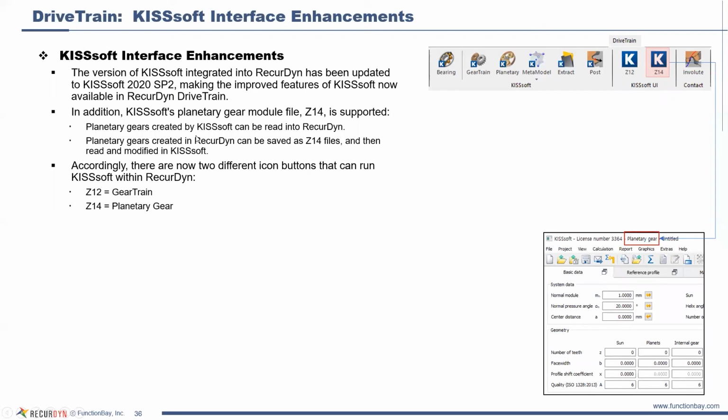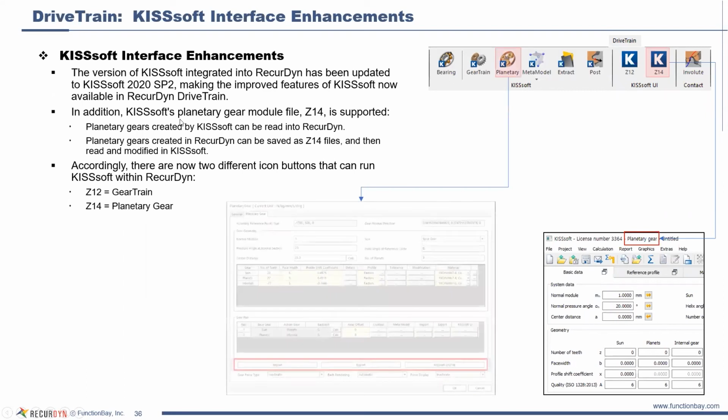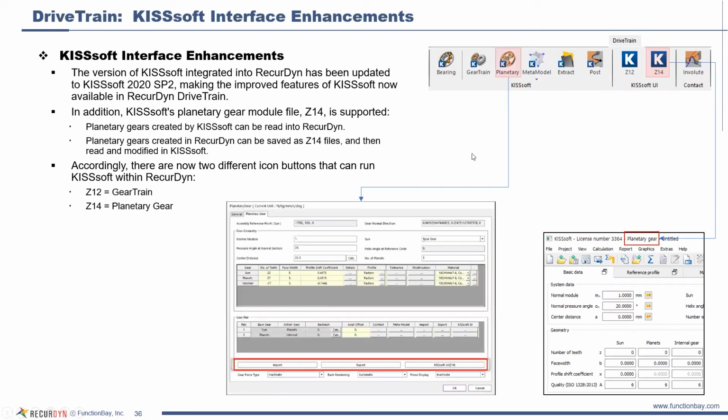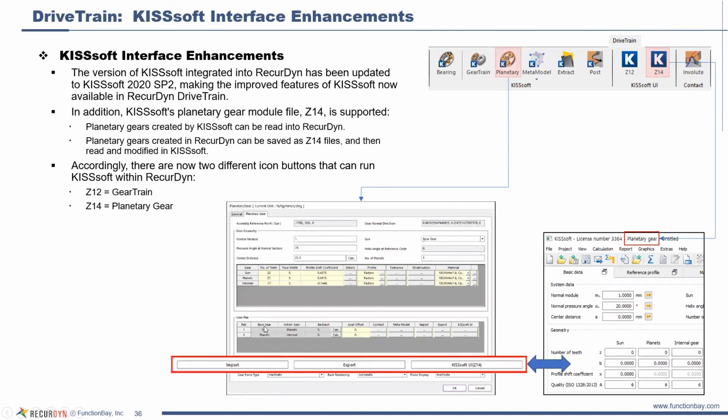So planetary gears can be created by KISSsoft and then can be read into RecurDyn. And then also, if you create a planetary gear in RecurDyn, then it can be read and modified in KISSsoft with these particular controls where you can import, export, or just bring up this interface here.